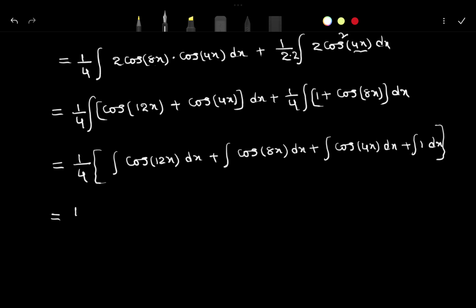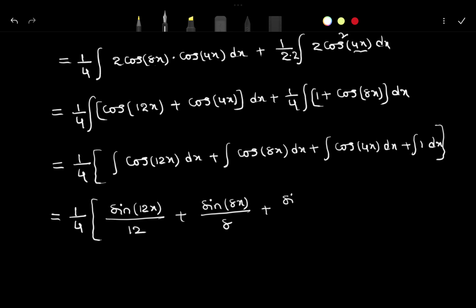So it equals 1/4 into sin 12x divided by 12, plus sin 8x divided by 8, plus sin 4x divided by 4, plus the integration of 1 dx, which is x, plus c.